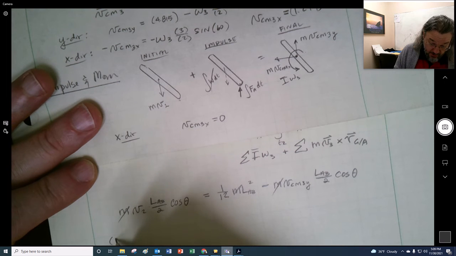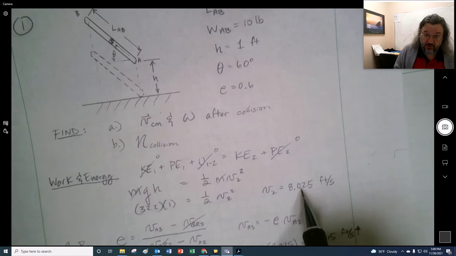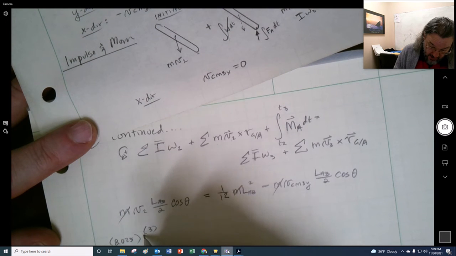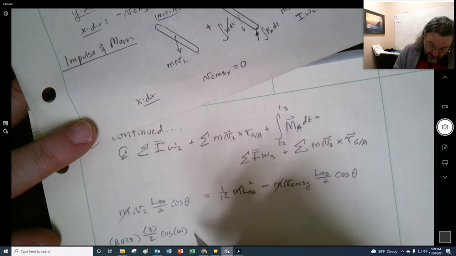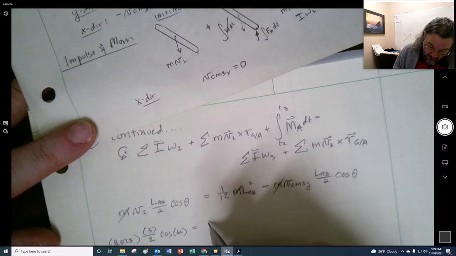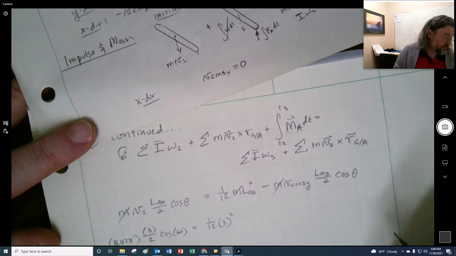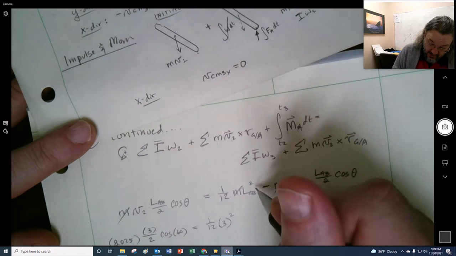All right, so we can start putting values into this. V2 was 8.025. We got that from right here. And L is 3 over 2 cosine of 60 degrees. Exciting. And then we're going to go 1/12 3 squared. I think that's right. Oh, we needed an omega in there.